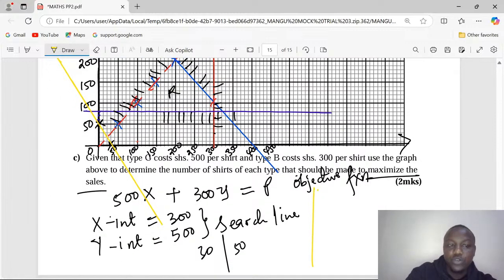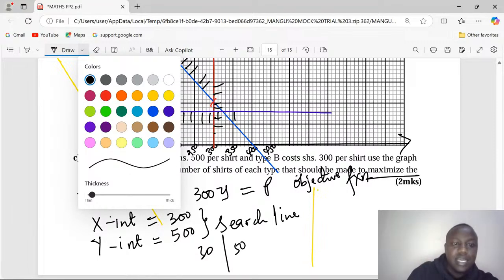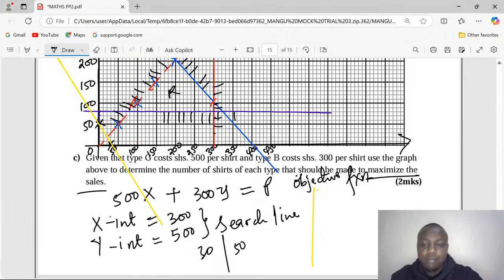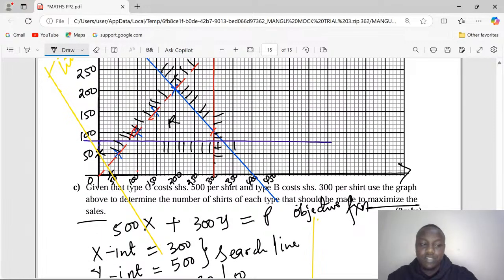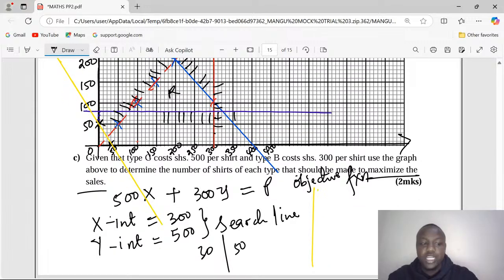Something else you can do is that this same combination of types of shirts can be obtained using what we call the inspection method.